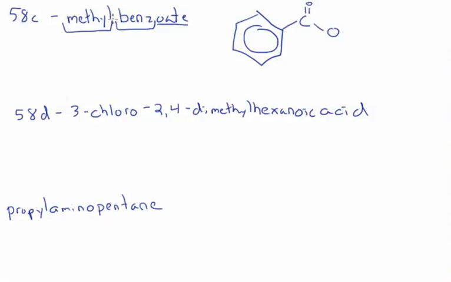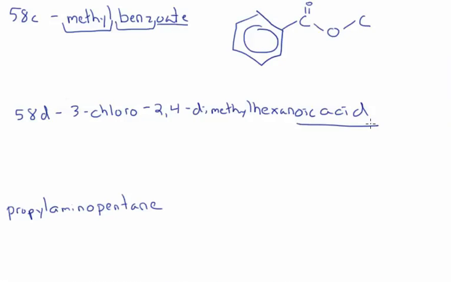This one's got a pretty easy identifying factor here. It says acid, so we know it's a carboxylic acid. We also see the "oic." But you can also tell there are a lot of other functional groups and branches going on here.